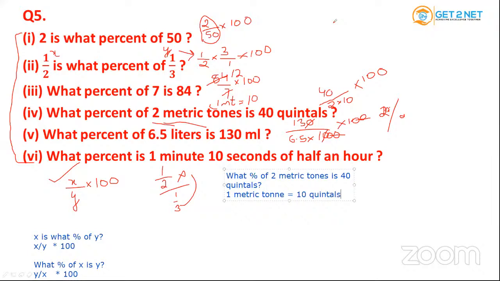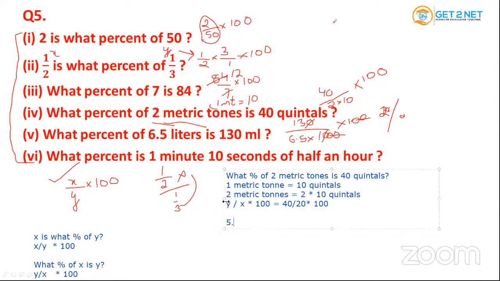So Krishna is asking me about the fourth. 2 metric tons is equal to how much? 2 into 10, 20 quintals. Now apply the formula. What percent of X is Y? So the formula is Y divided by X into 100. So that will come to 40 divided by 20 into 100. Clear? Okay.